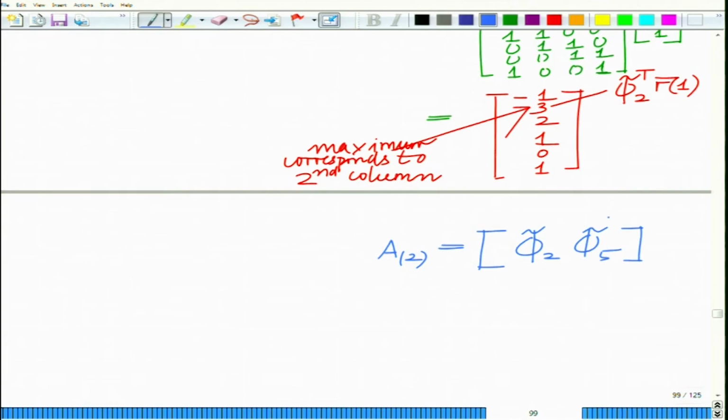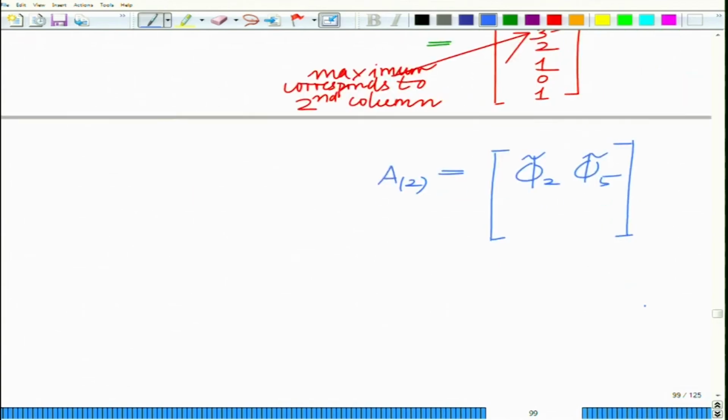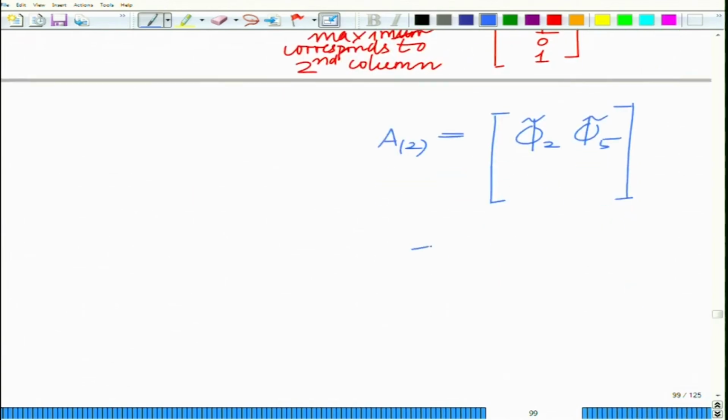You can also write it as phi tilde comma phi 2 tilde, it does not matter, as long as you are clear about the order, and therefore the entries of x hat will correspond to these two columns. Okay. So you are picking the columns phi tilde, phi 2 tilde, and these will be.